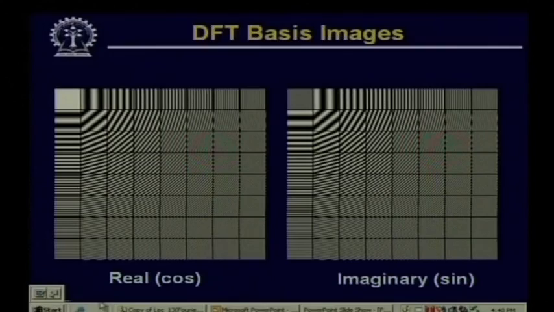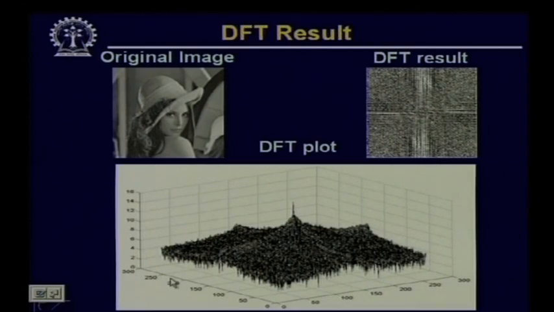So, after discussing this Fourier transformation both in the forward direction and also in the reverse direction, let us look at how these Fourier transform coefficients look. Here we have the result on one of the images, a very popular image cited in most image processing textbooks, the image of Lena.